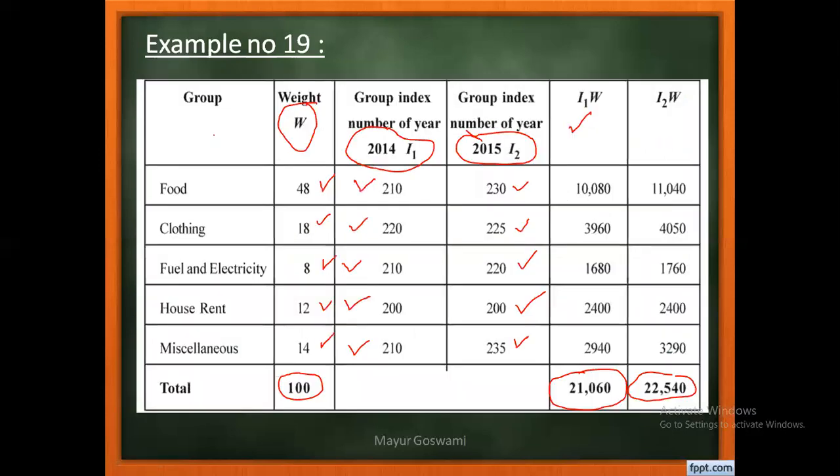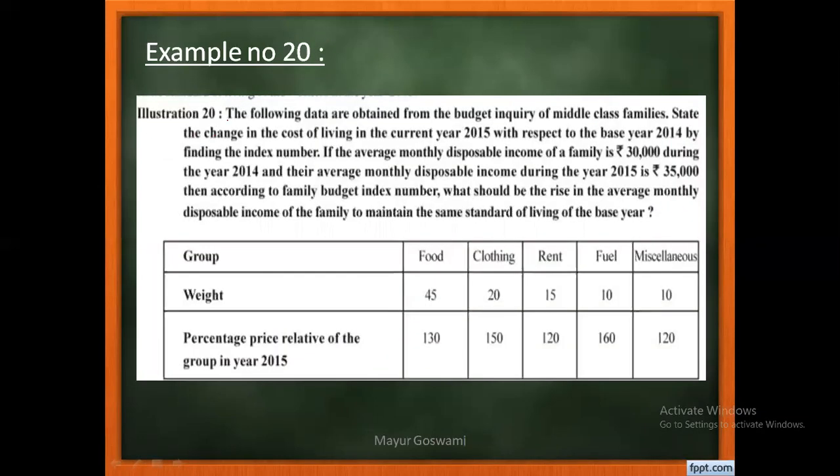Now let's see the next question. Illustration number 20. The following are data obtained from the budget inquiry of middle class families. State the change in cost of living index number of the current year with respect to base year 2014 by finding the index number.